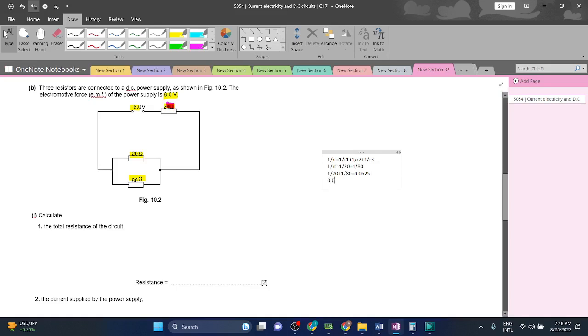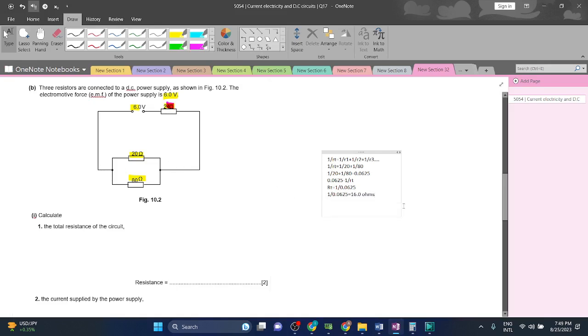1/20 + 1/80 will be equal to 0.0625. 0.0625 is equal to 1/RT. RT goes up and 0.0625 comes down. RT will be equal to 1 divided by 0.0625, which is 16 ohms. 16 ohms will be the total resistance in this configuration.